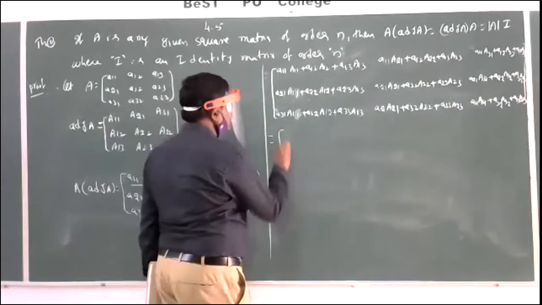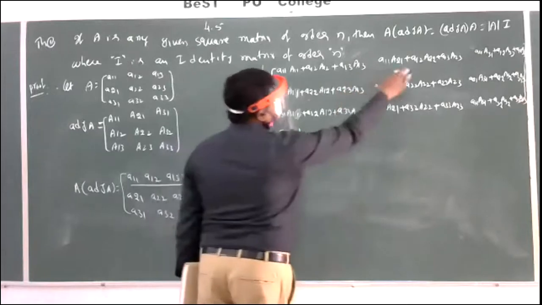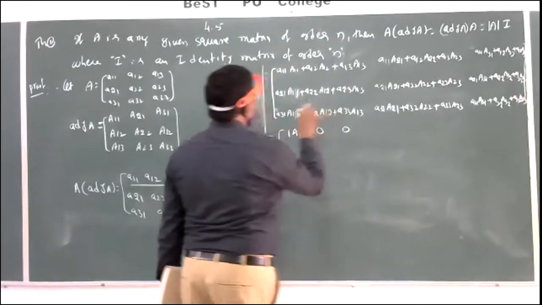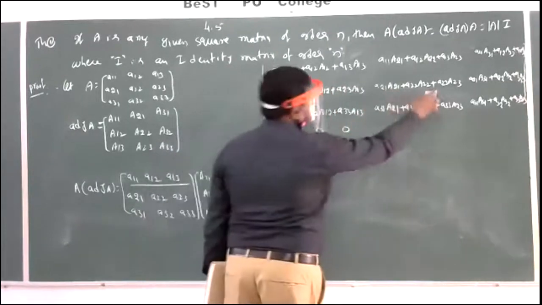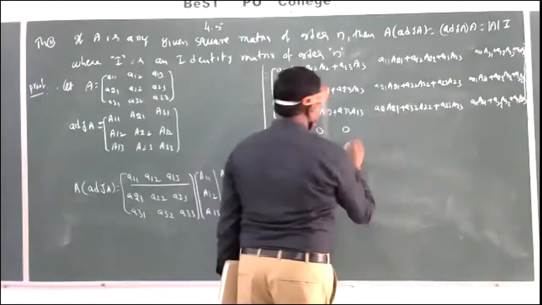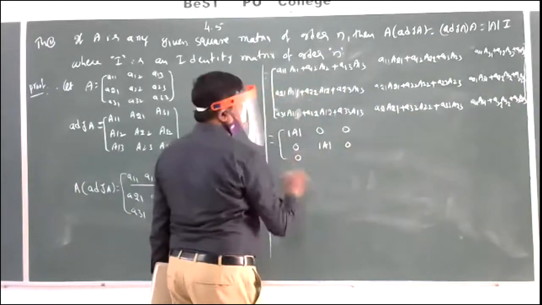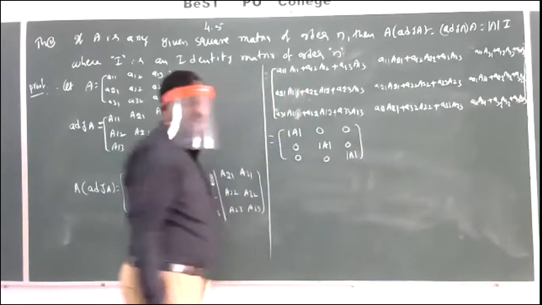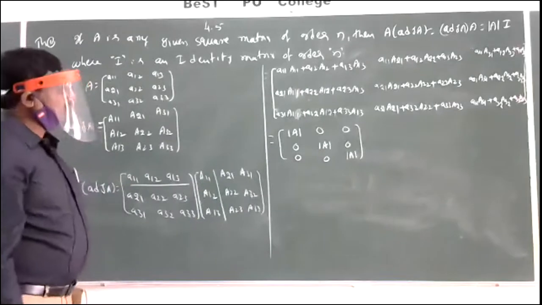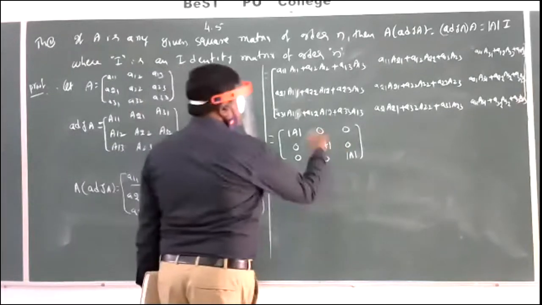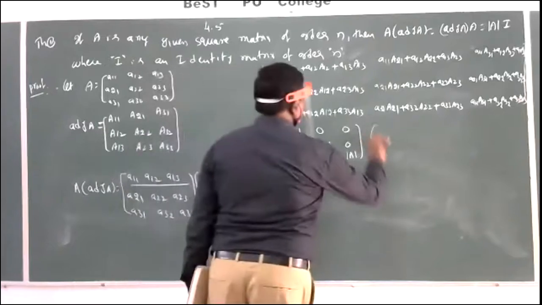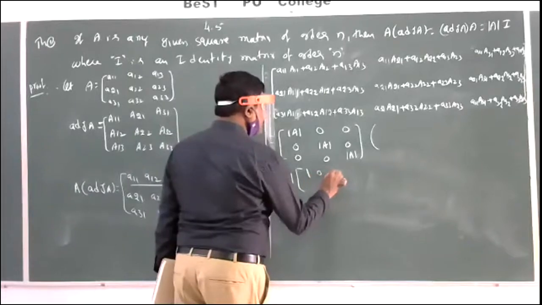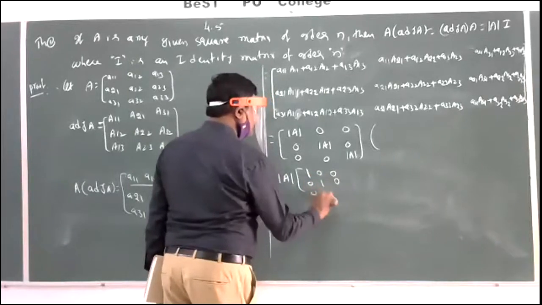That means here this value is det A, these are 0, and the diagonal entries are det A. Now from the whole matrix take det A common, then it is 1 0 0, 0 1 0, 0 0 1.